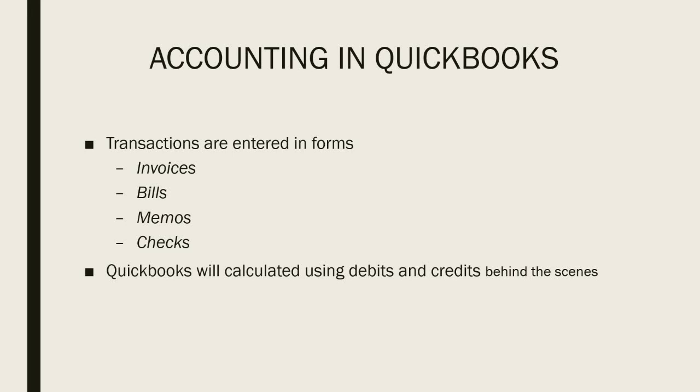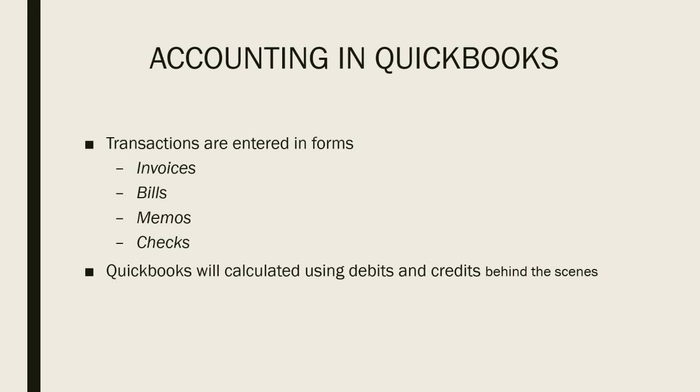The idea with the double entry is that we have a debit equaling our total credit. When we enter our transactions into QuickBooks, we enter them through invoices, bills, memos, and checks, okay? Straightforward, right? We're only entering the information that we need to represent that transaction.